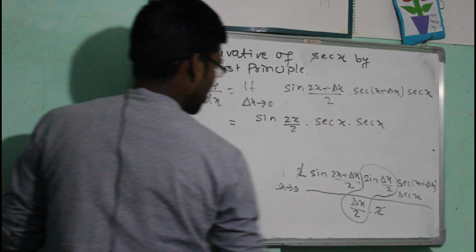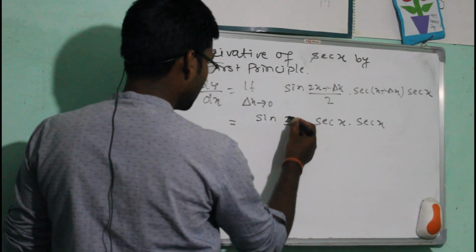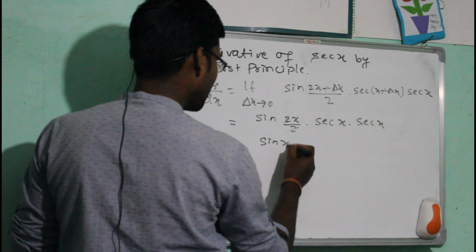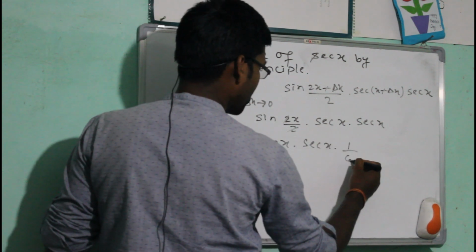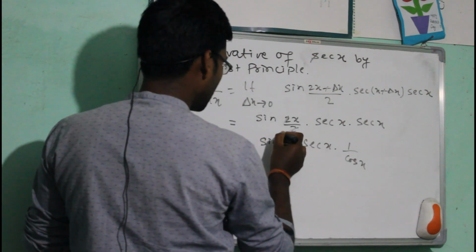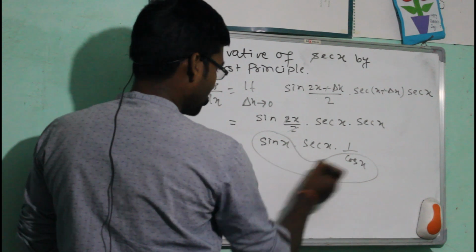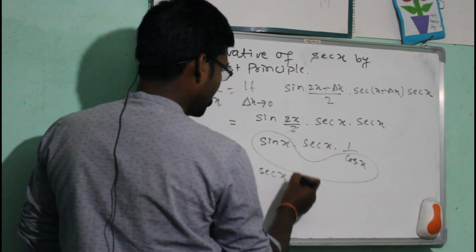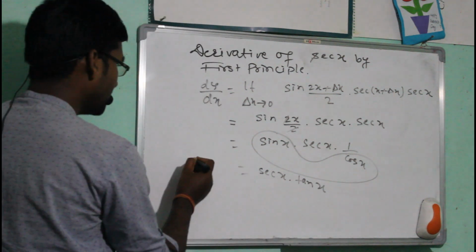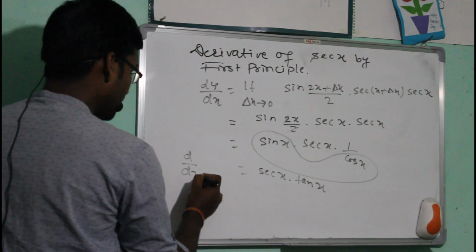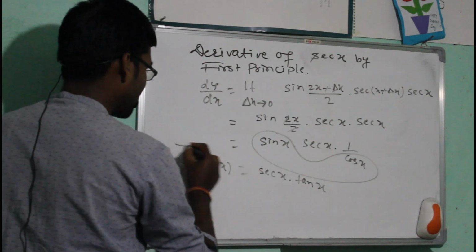So now let me simplify it further to get the final answer, so it will be sine x, then sec x, and sec x means 1 by cos x. Now for this we can write sec x into sine by cos means tan x. So the answer is: the derivative of sec x is sec x tan x.